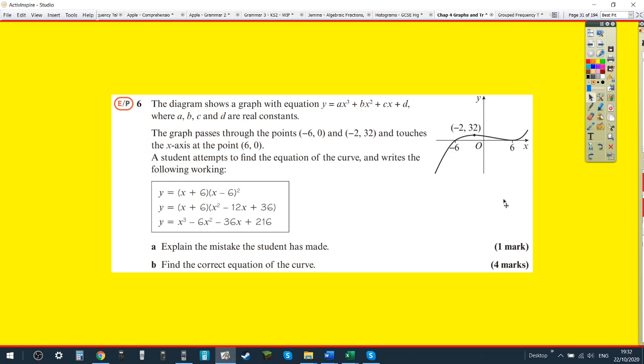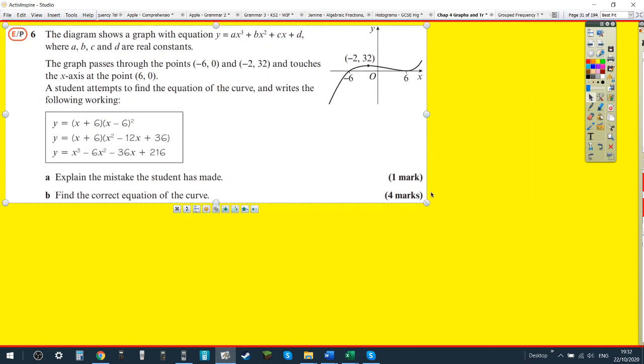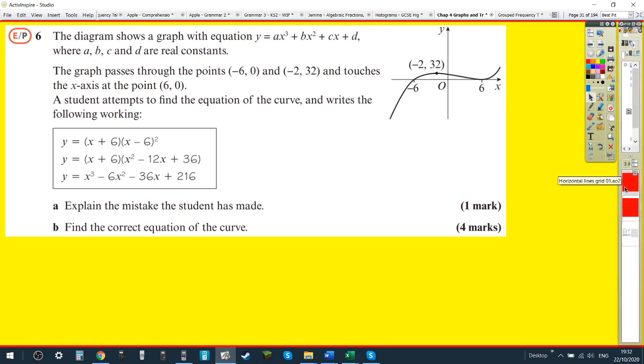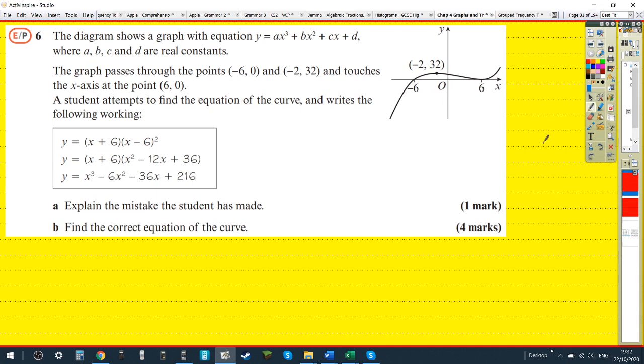Okay. Exam question. How about this? Would it be... why did he put a square on the x minus 6?